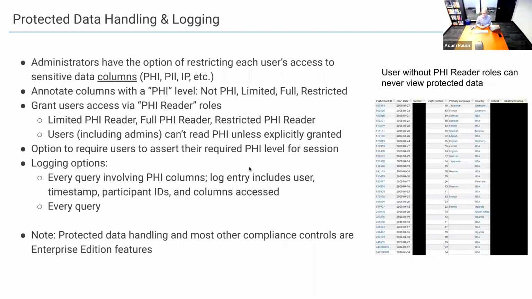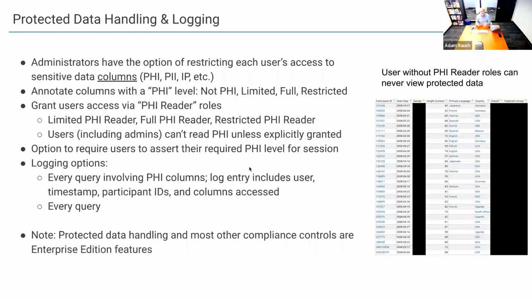What you're seeing on the right-hand side is a data set where gender, cohort, and treatment group have been annotated as PHI columns. The current user has not been granted any of those PHI reader roles, and therefore that user sees blank columns.